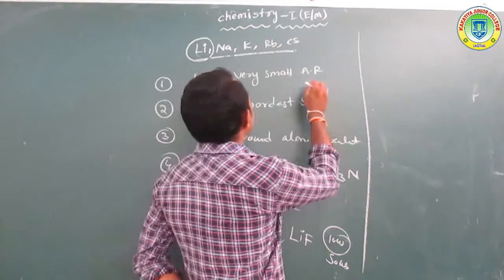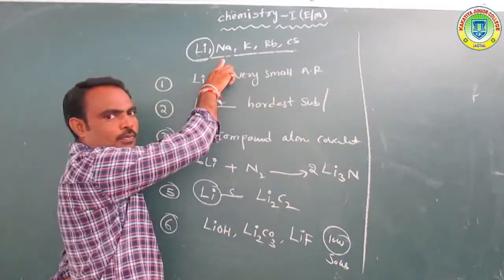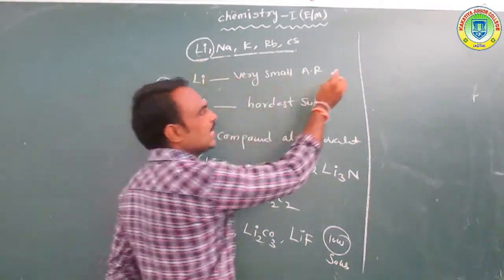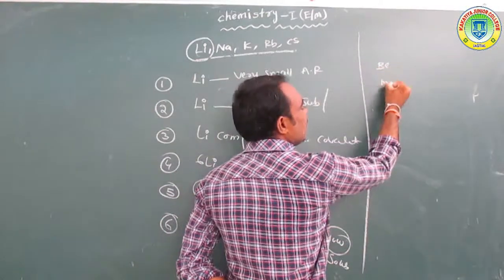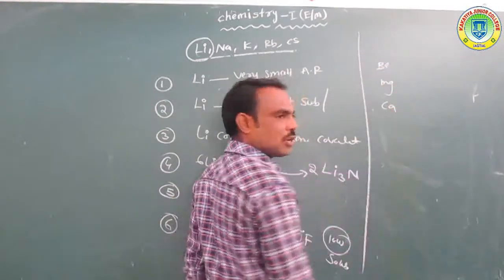Suppose we take the first group, lithium, or the second group: beryllium, magnesium, calcium, strontium.